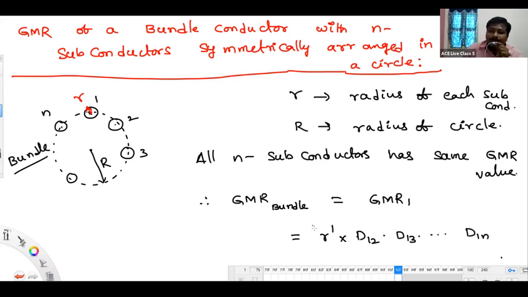Tell me how many numbers you get in this product? It will be n, because d12, d13 and so on up to d1n are n minus 1 numbers, and we have r dash as the other number, so we should take the whole power 1 by n. Clear?